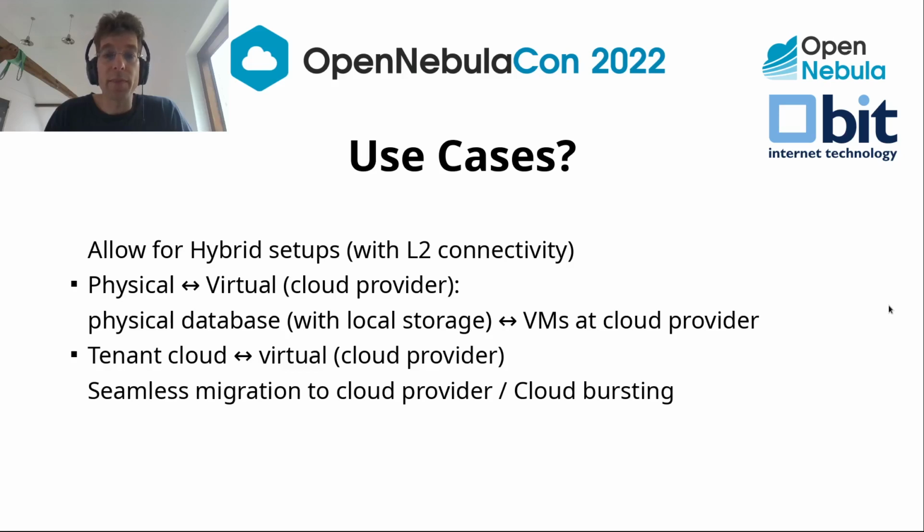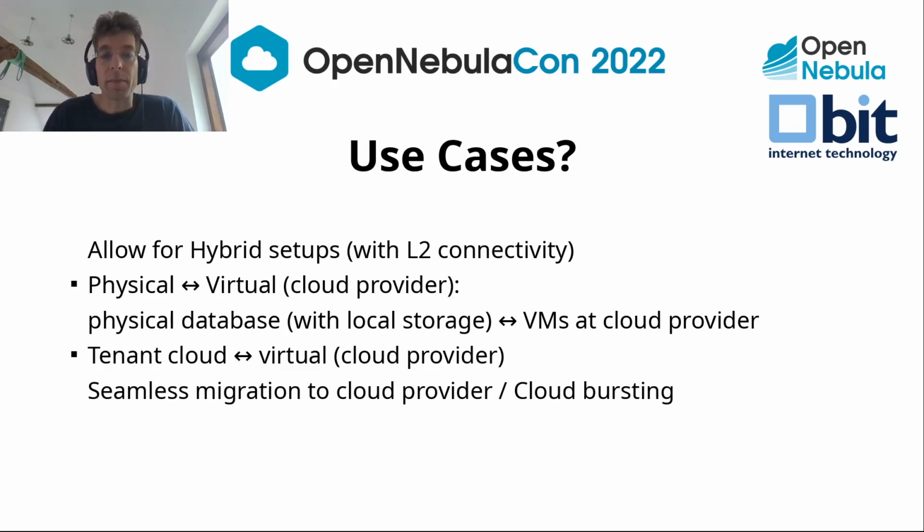Use cases. It allows for hybrid setups where you want to maintain layer 2 connectivity. And hybrid in this sense means physical co-located hardware at the data center, possibly at the cloud provider data center, and a cloud provider.